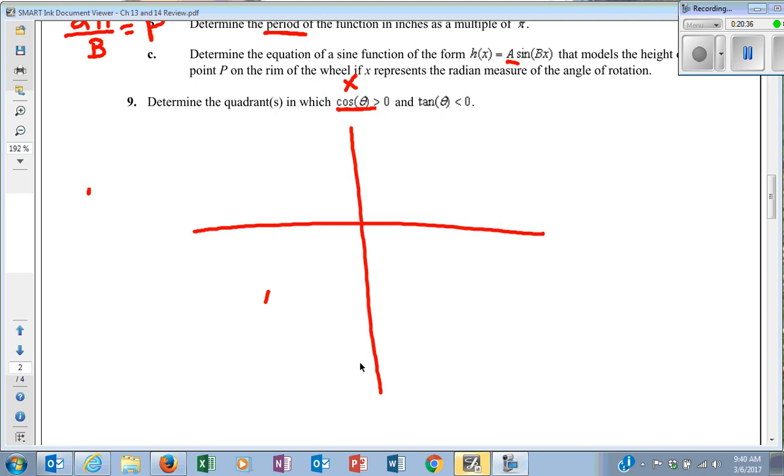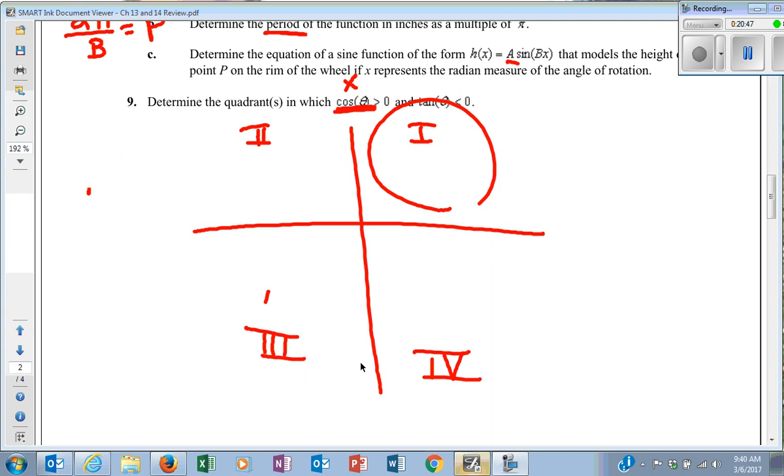I need to look in quadrant 1, quadrant 2, quadrant 3, and quadrant 4. Where is my x going to be bigger than 0? And the answer is quadrant 1 and quadrant 4 has all my x values being positive. I don't care about my y values right now because this is cosine and cosine is just the x.